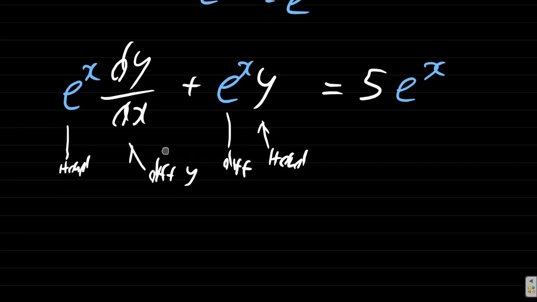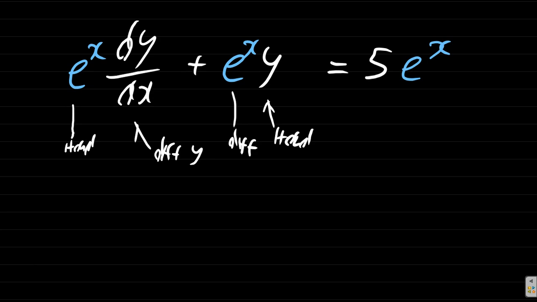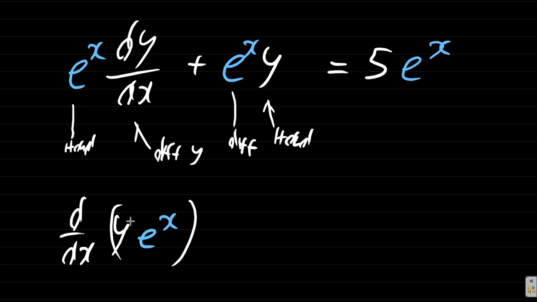So you can see that what we have here is the derivative with respect to x of y e to the x. So that's the product that we had differentiated. We hold y, differentiate e to the x, plus we hold e to the x, differentiate y. And then that is equal to 5e to the x.